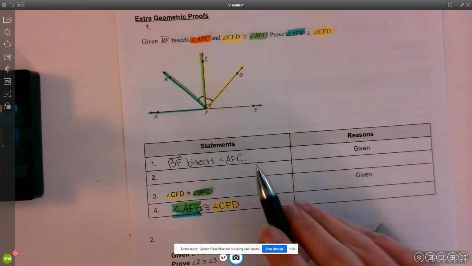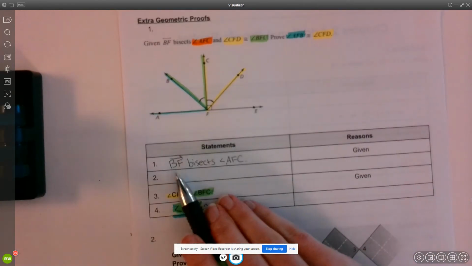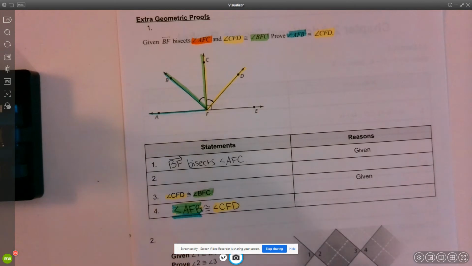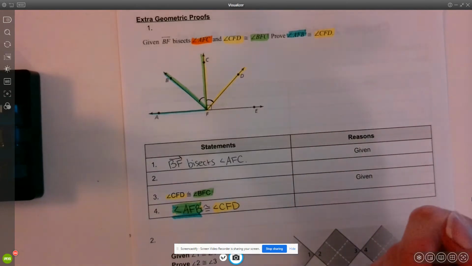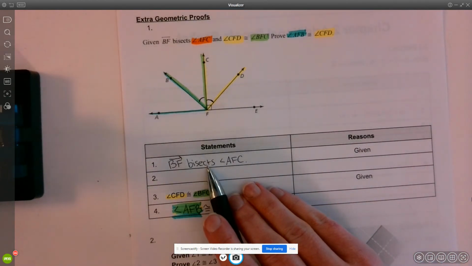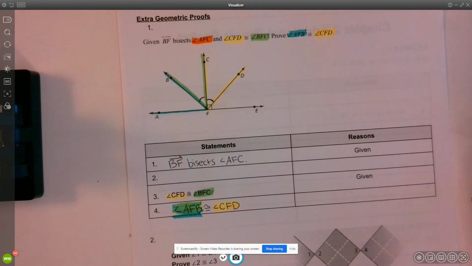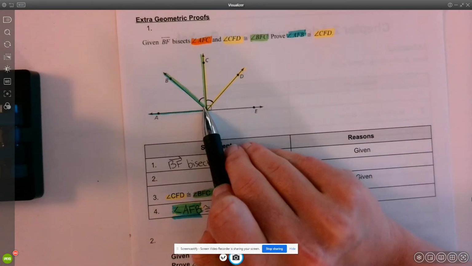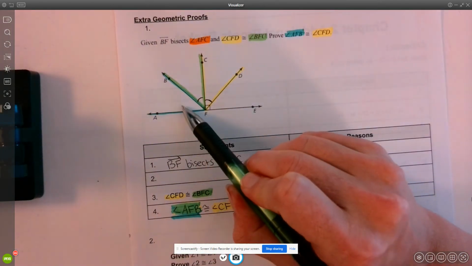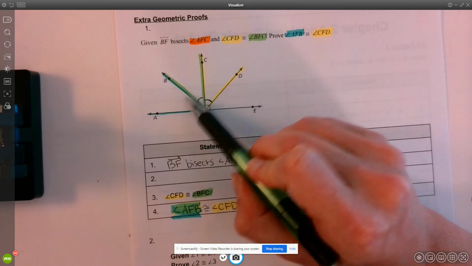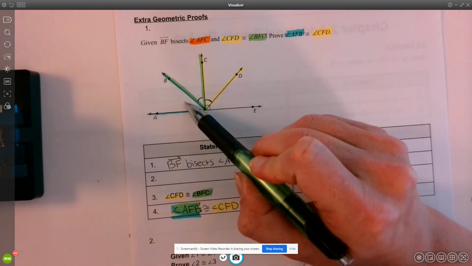We haven't really done anything with our first statement yet. It tells us that ray BF bisects angle AFC. Well, what does that mean? Remember, when a ray bisects an angle, it cuts it into equal pieces. So if AFC is being bisected here, my turquoise angle and my green angle have to be congruent to each other.